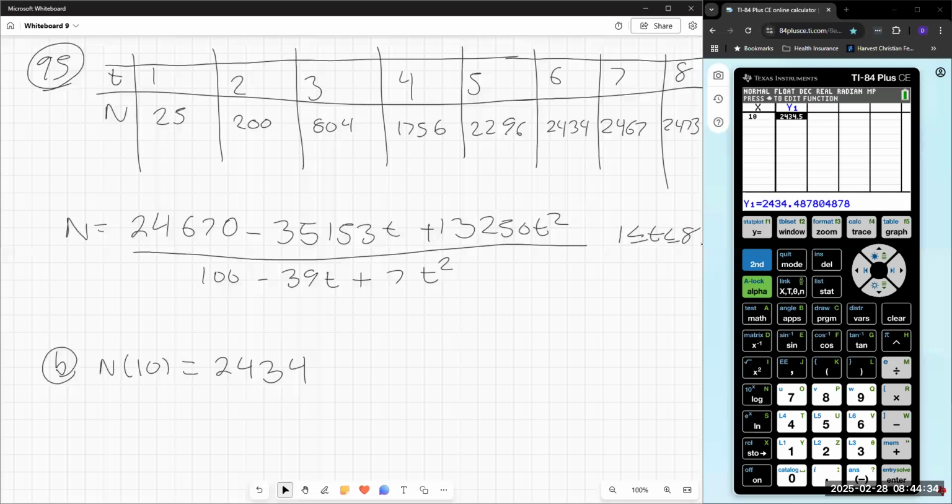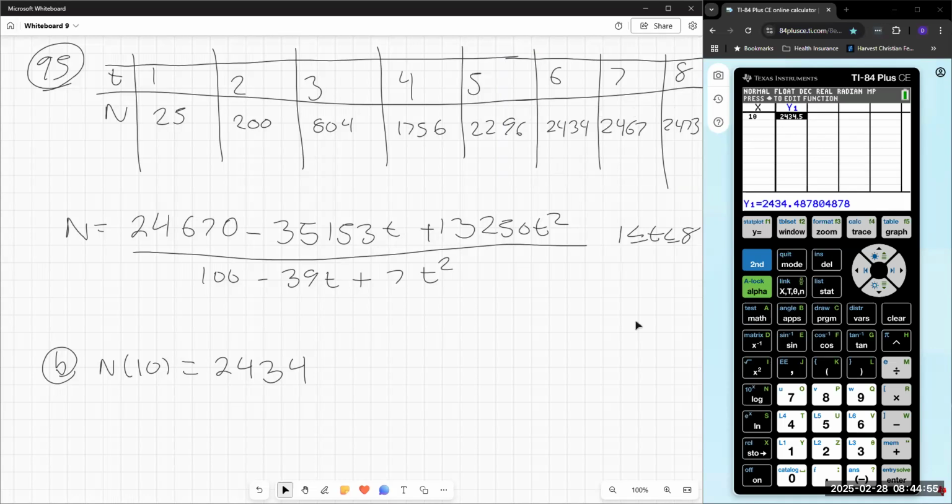I say no, because the further that we get away from this data that we have, the more uncertain we are about the fact that things are going to behave in the same way that they've been behaving.